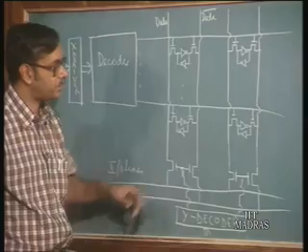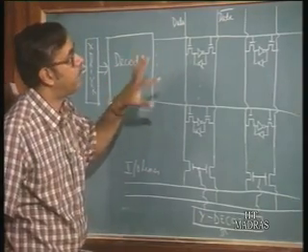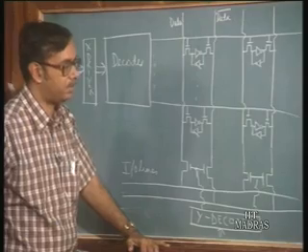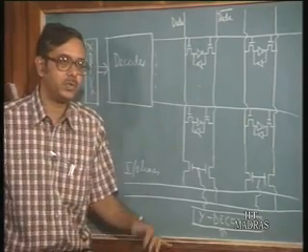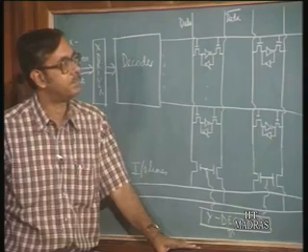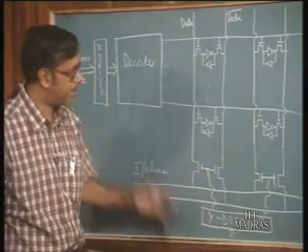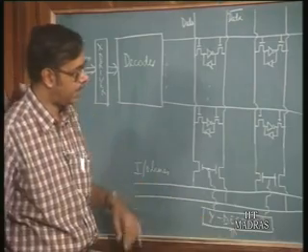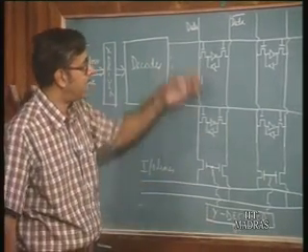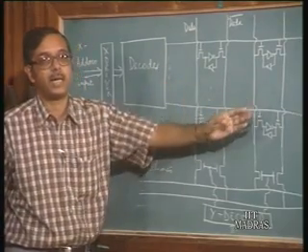Now you can imagine that if we have a large size memory, say for example 256K bit memory, that means there will be 18 address lines, so 9 X address lines and 9 Y address lines, and there will be 2 to the power 9 rows and 2 to the power 9 columns.